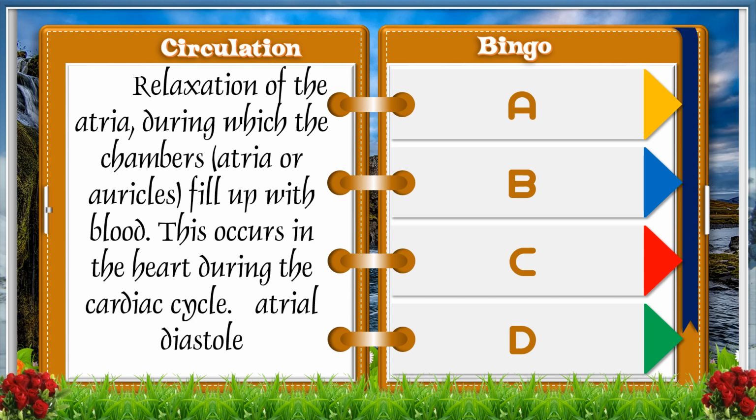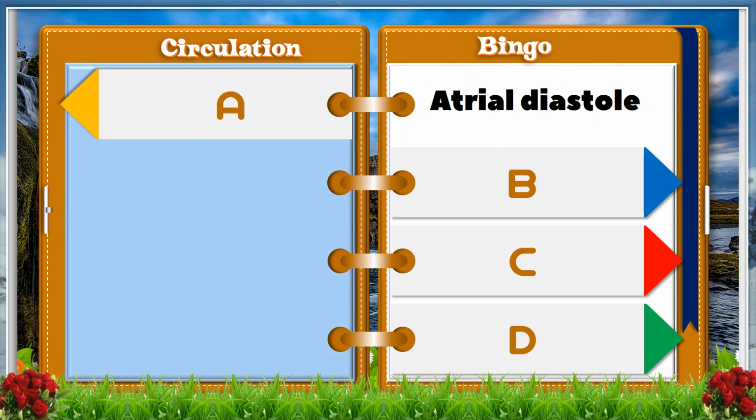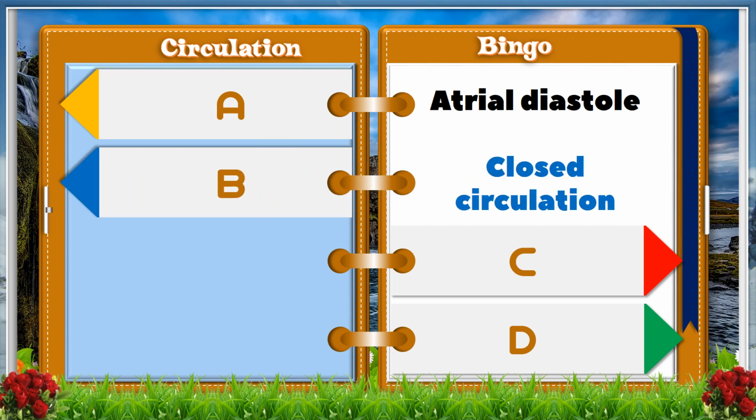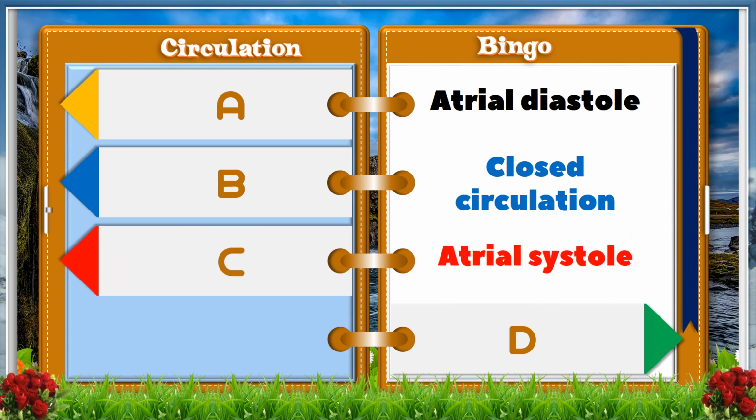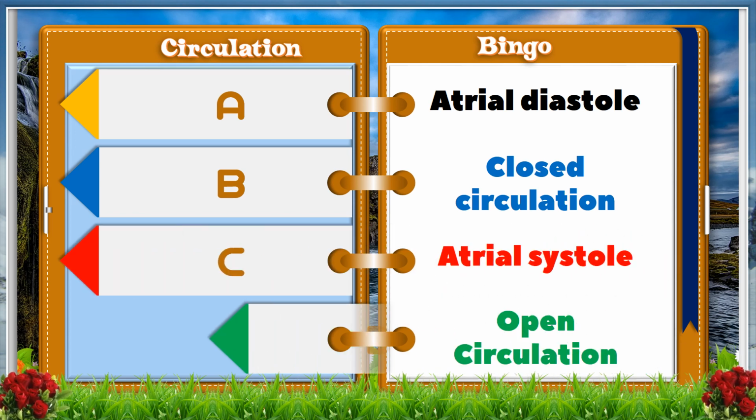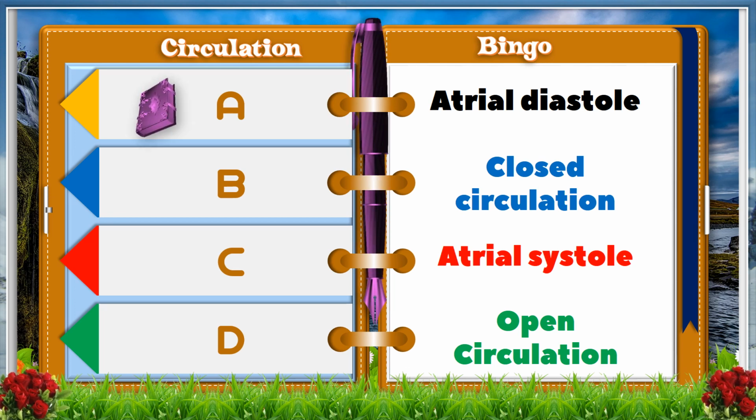A. Arteriodiastole. B. Closed circulation. C. Arteriosclerosis. D. Open circulation. And the answer is A. Arteriodiastole.